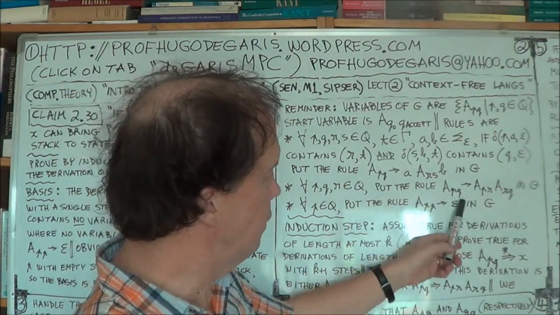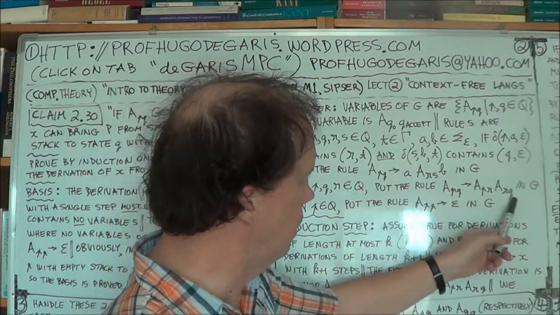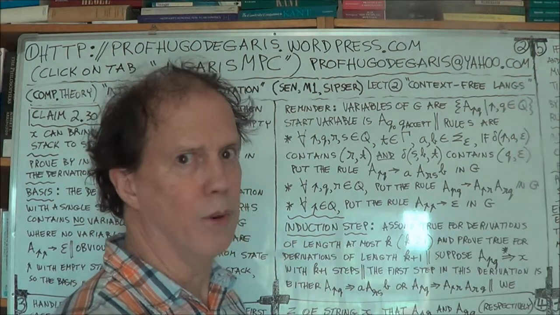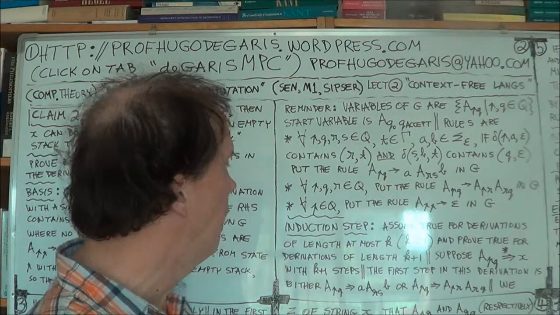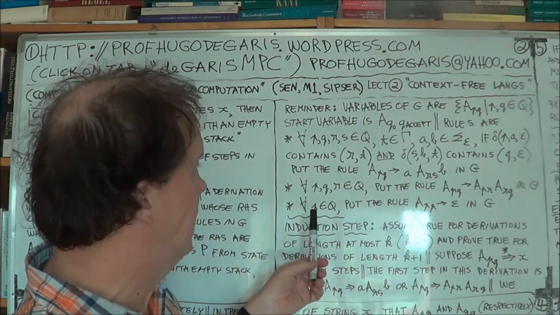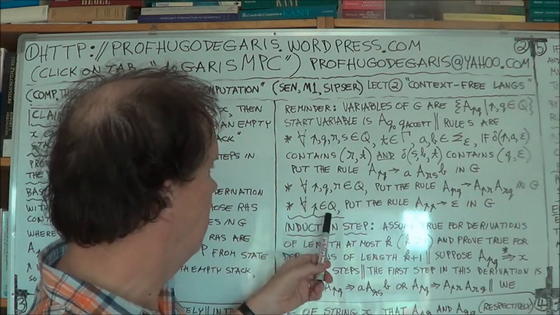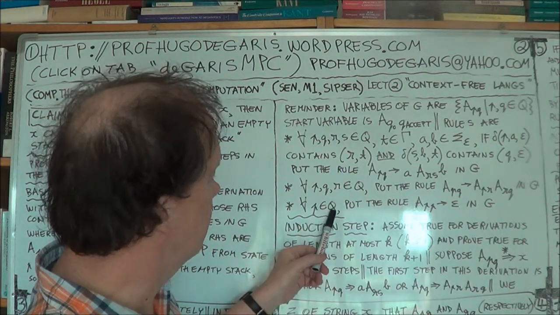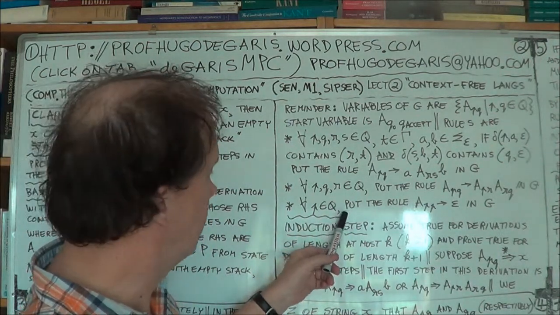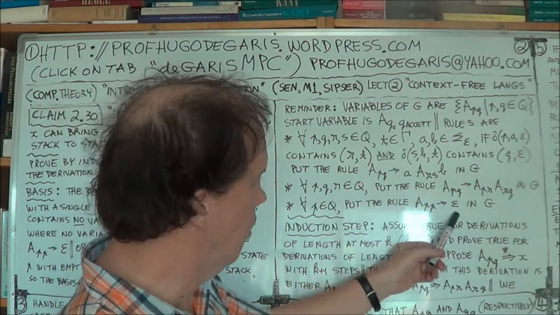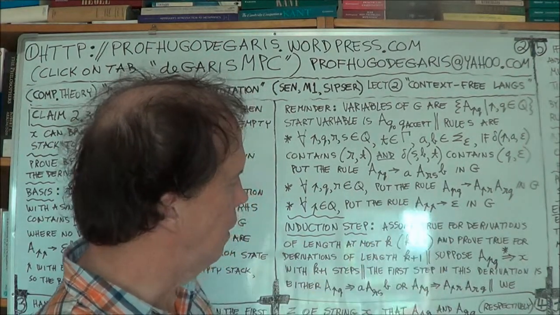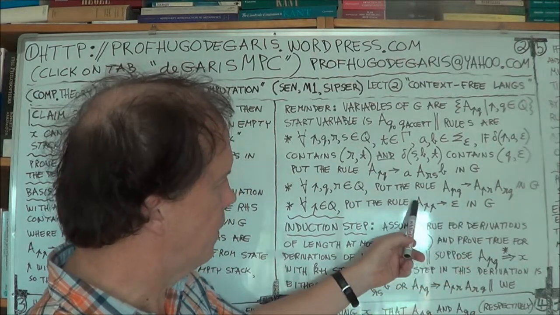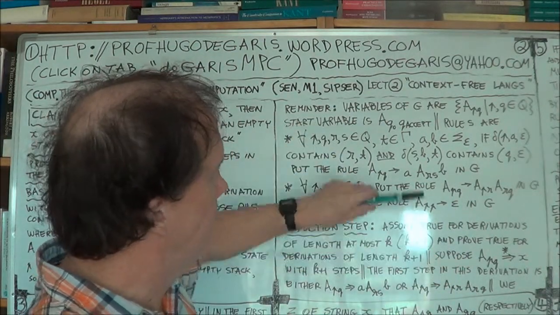So actually this rule here is in Chomsky normal form, if you think about it, because you've got two variables. Okay. And finally, for all states belonging to your PDA, put this rule into your grammar. So A_pp goes to epsilon.